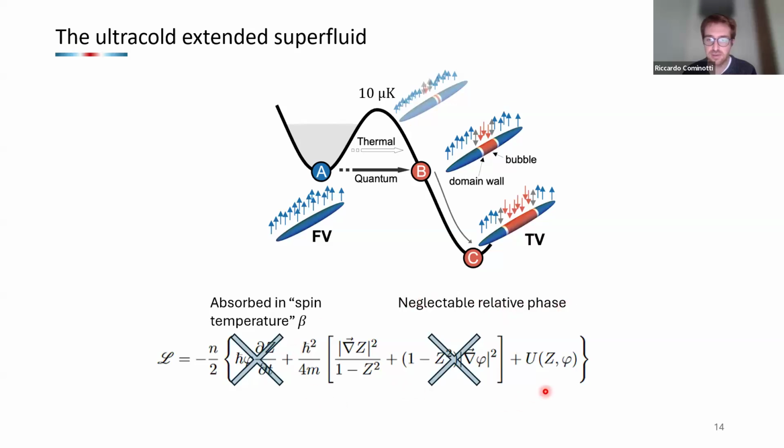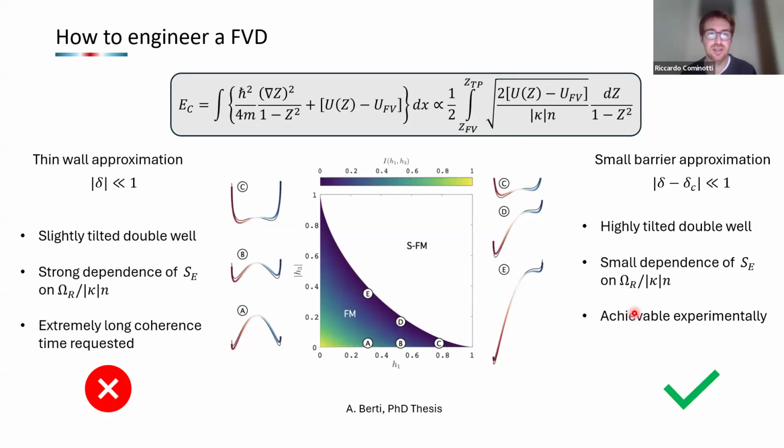Then we are left with two elements. The first is the gradient, which comes from the domain walls, and this gradient actually stems from the superfluid behavior. If our gas were ferromagnetic but not superfluid, we wouldn't have any gradient contribution. The gradient contribution and the potential energy add up to form the energy of the barrier. Now we can study the shape of the energy barrier as a function of the control parameters.